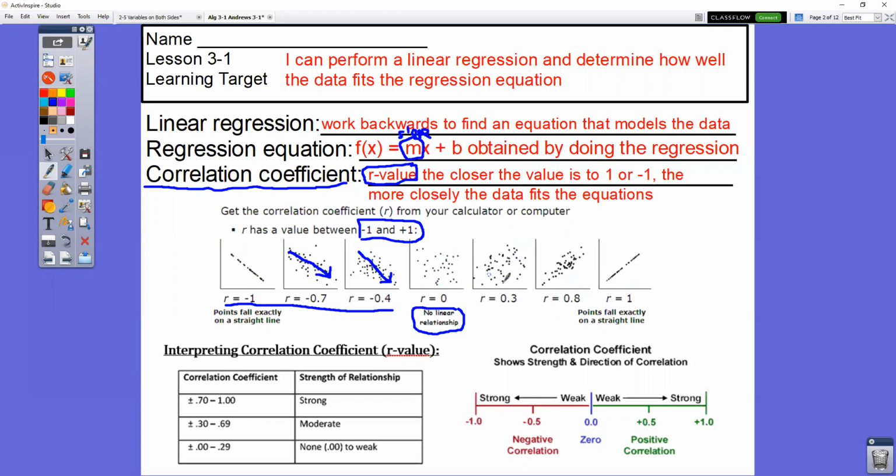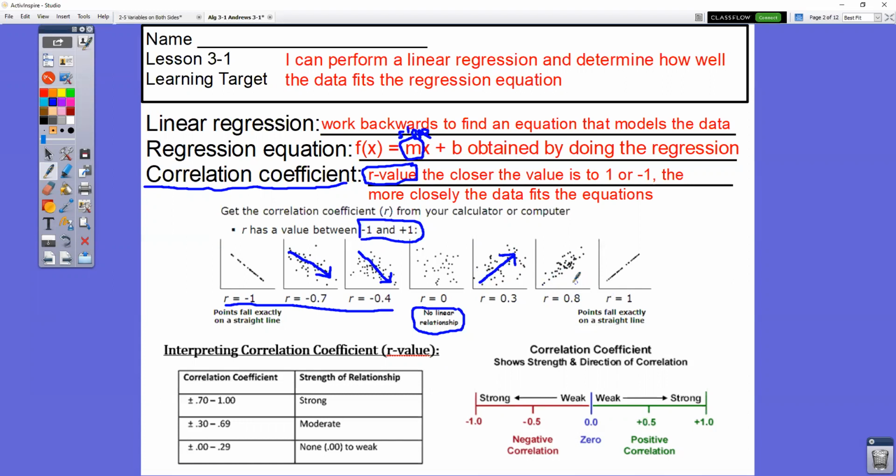If you look at this scatter plot, the one that has the 0.3, we can tell that the general trend of the data is that the dots are going up as we go from left to right. Anytime that you look at a graph, you always go from left to right, just like you're reading a sentence. So the general trend of our data is going up.